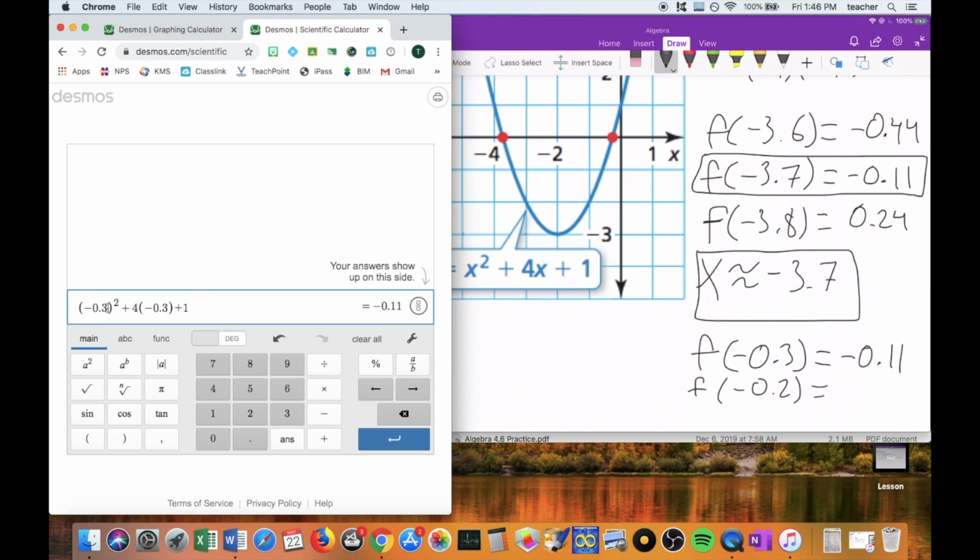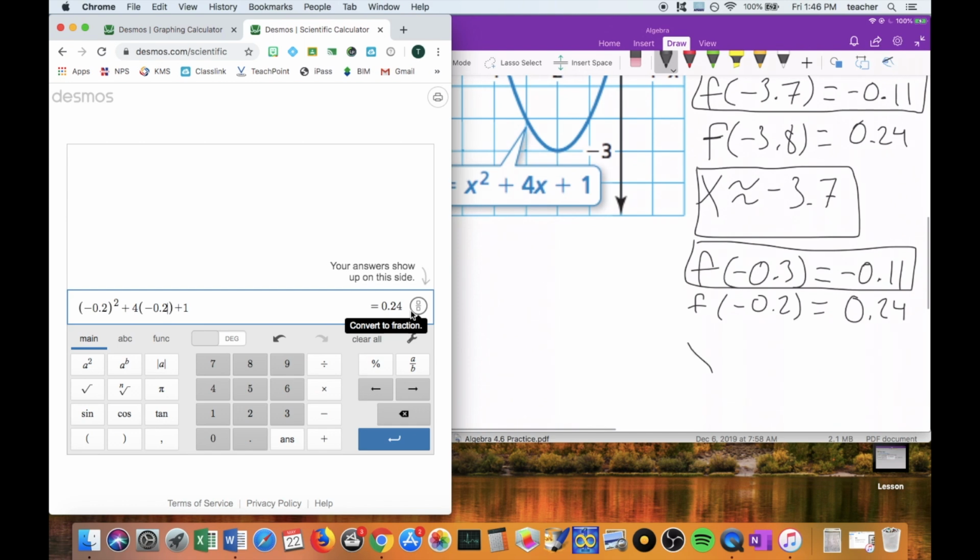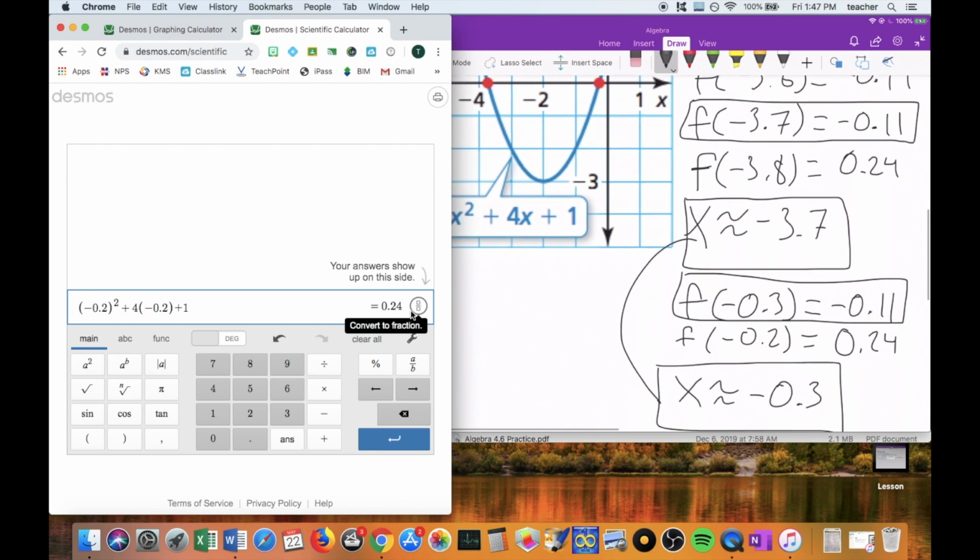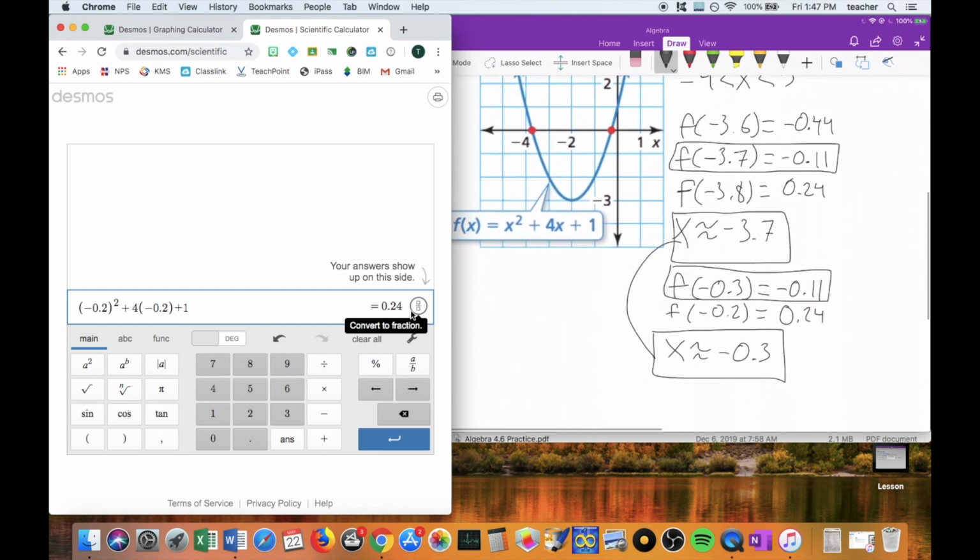And when I change that over in the calculator, this becomes a 2, and once again, I get my positive value of 0.24. So I know for a fact that this is the closest one now. So my other x value is equal to negative 0.3. So these are the two closest approximations of the zeros to the nearest tenth.